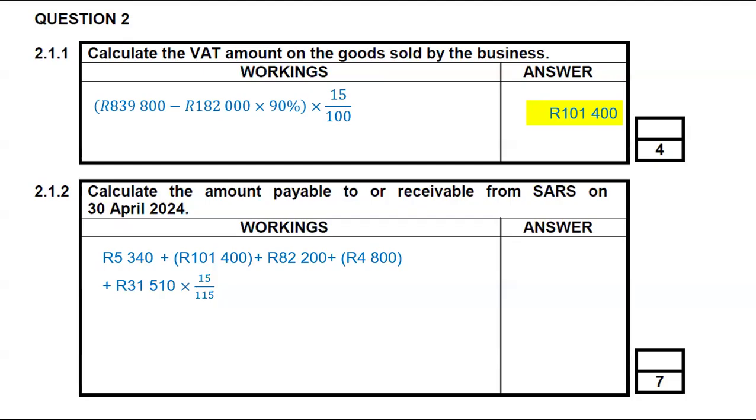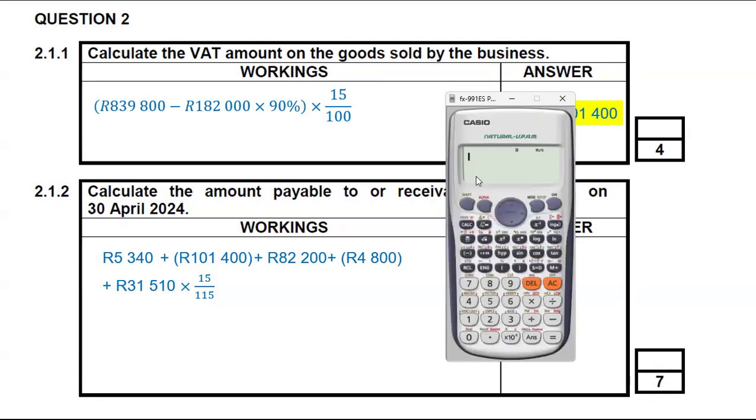How much is that? 31,510 multiplied by 15, divided by 115, gives us 4,110. So you will add it because it's VAT input.